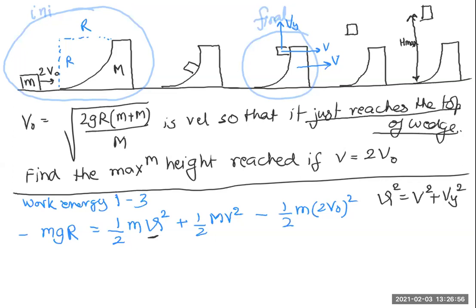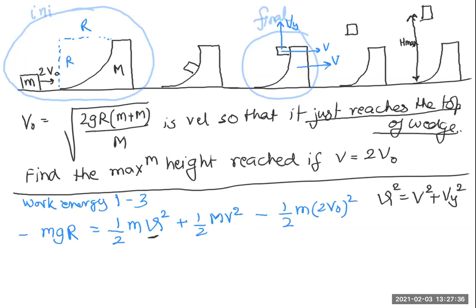So we are saying that the horizontal velocity of the block is same as the wedge, and the vertical velocity of the block is some Vy. I don't know what that Vy is. Why is the horizontal velocity the same as the wedge? Well, it has to be. If the block's horizontal velocity is different from the wedge, then either it will lose contact or it will penetrate into the wedge. Neither of these is happening. This means the horizontal velocities of both must remain the same.